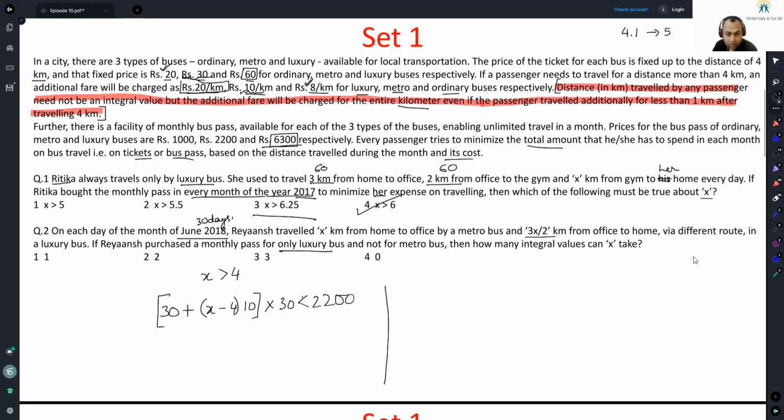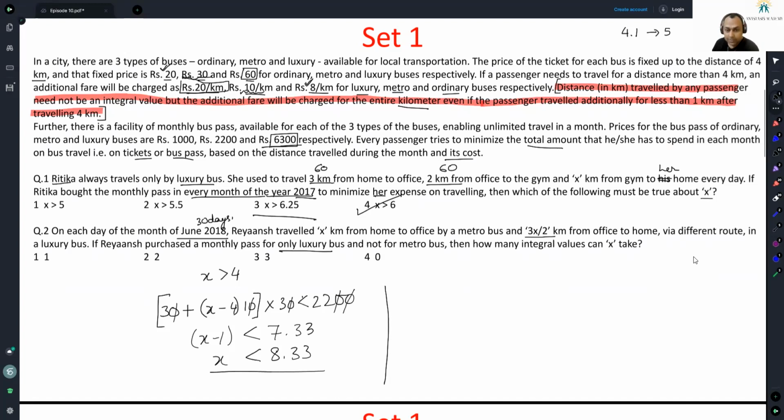So at this time, I can get rid of a 0, and another 0 from here. So X minus 4 plus 3. So X minus 1 is less than equal to 22 by 3, 7.33. Or X is less than equal to 8.33. One limit for X I have identified. This is for the metro bus journey.